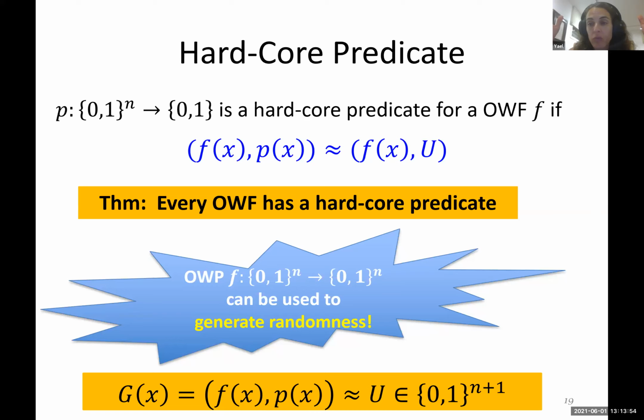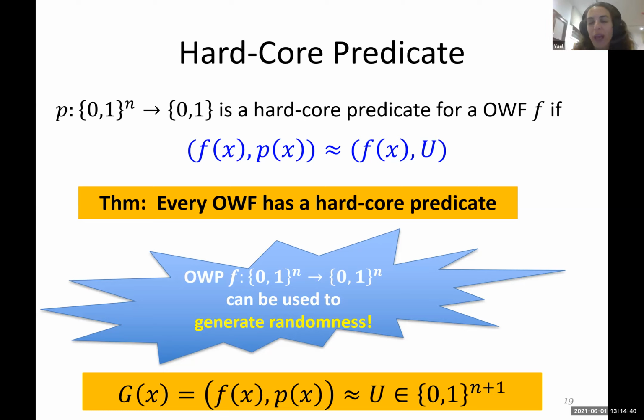I can think of it as a random string and apply a PRG, a pseudo-random generator that takes an n+1 bit random string and generates an n+2 bit random string. Then I can take my n+2 bit string. It's not random, but it looks random, so for practical purposes, it's random. I apply the PRG to it to get n+3. So by chaining my pseudo-random generator that expands the randomness by one bit, I can expand by more and more bits.